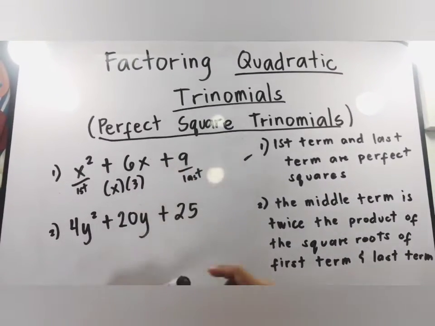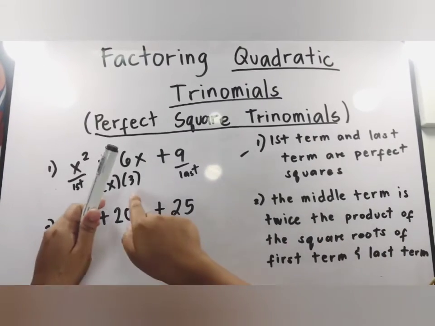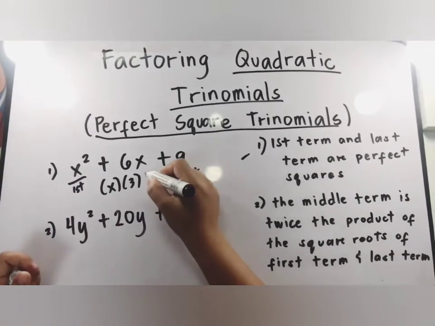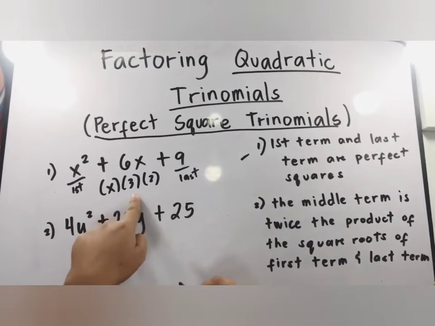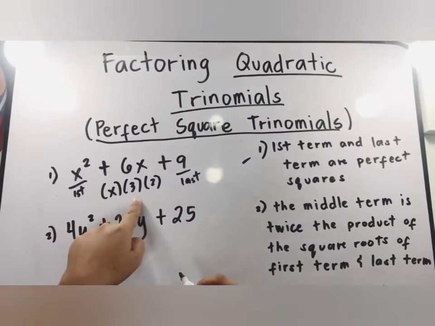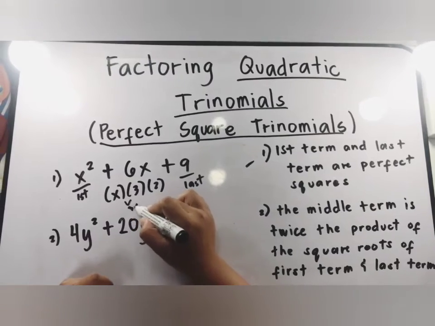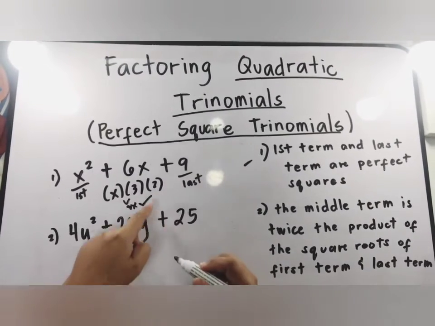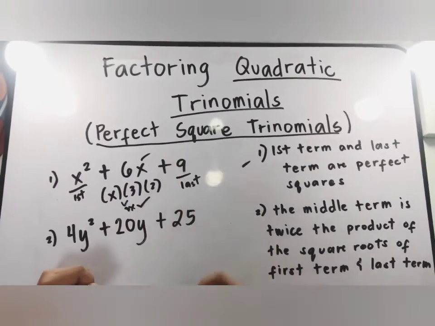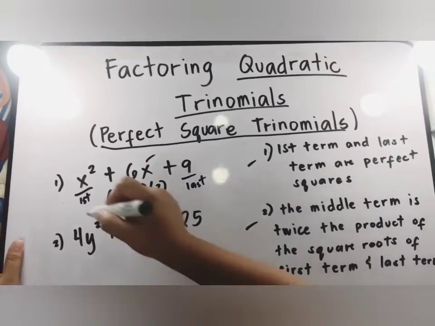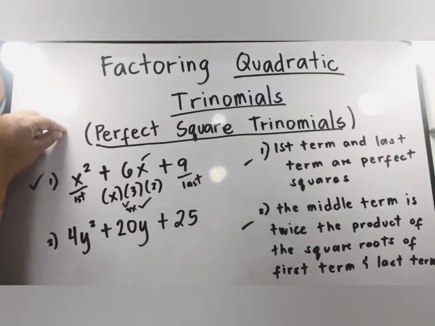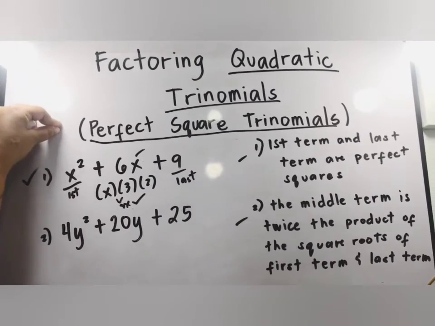And sabi, it is twice. So, simply multiply these square roots by 2. So, x times 3, that is 3x. 3x times 2 is equal to 6x. So, ibig sabihin, since nasatisfy niya yung dalawang condition, this is an example of perfect square trinomials.